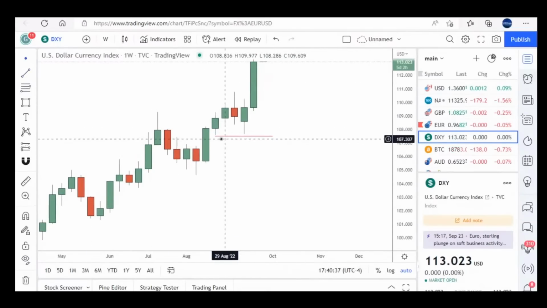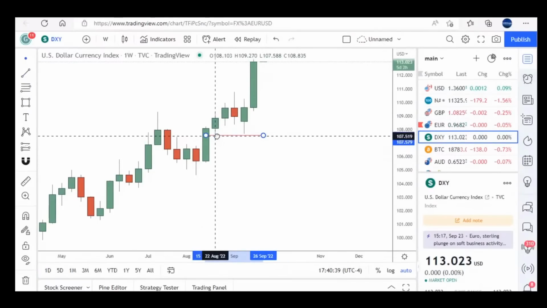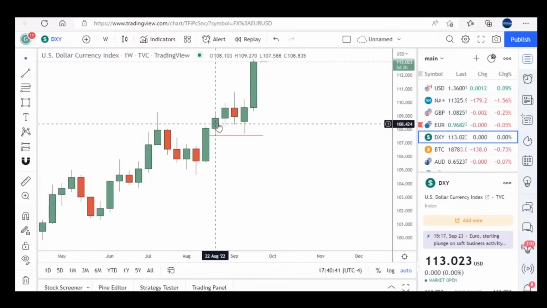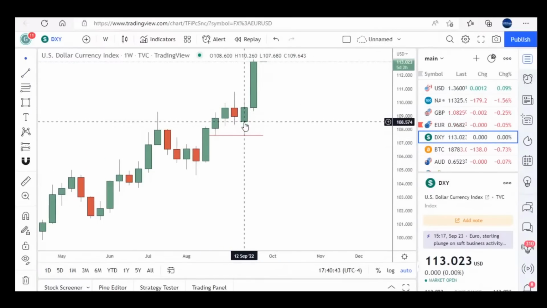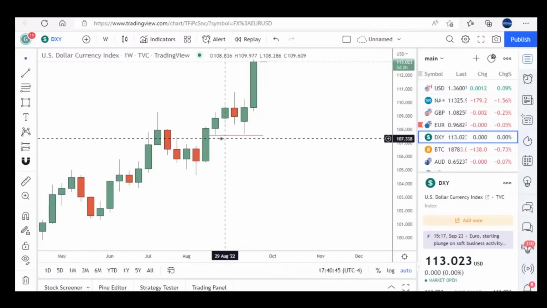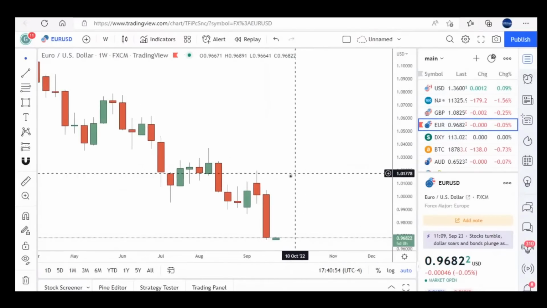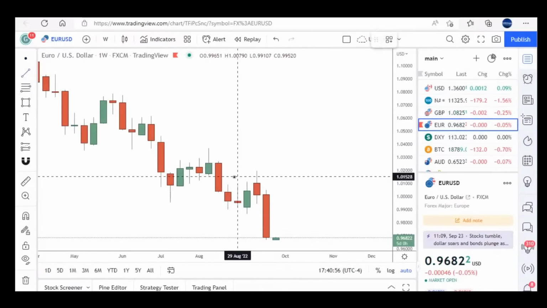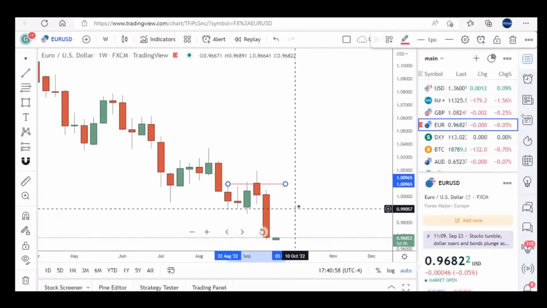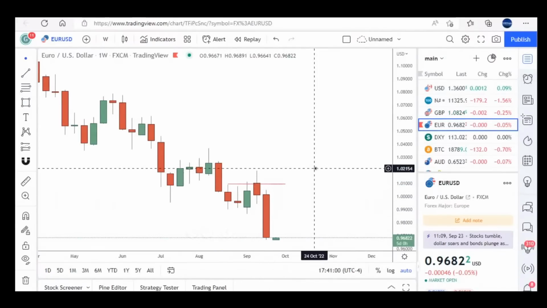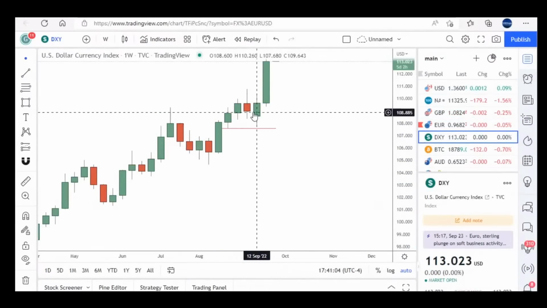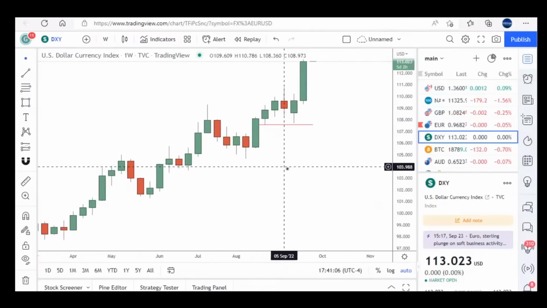Here's the low on this candle, and here was that September 12th week. They never traded below the low here. They never hit the order block, and they never filled the fair value gap. And again, on euro, you see they did that by a long shot, and they made it efficient. So what does that tell us? That tells us that the dollar index is failing to make a lower low, which shows the aggression.